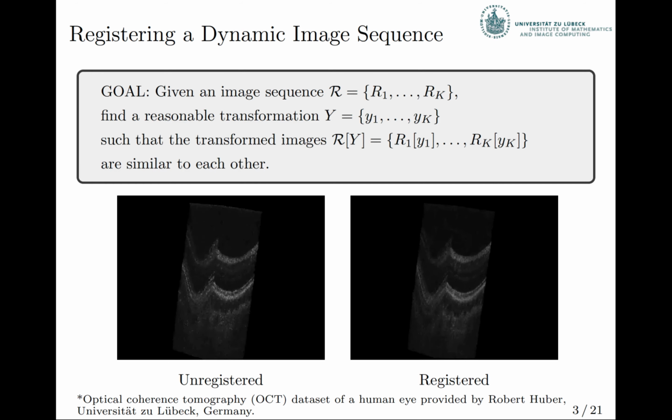So in order to stabilize the motion, we do the image registration where we want to find out the transformation field such that if we apply the transformation field on the images in the given image sequence, after the transformed images we obtain a stabilized image set.